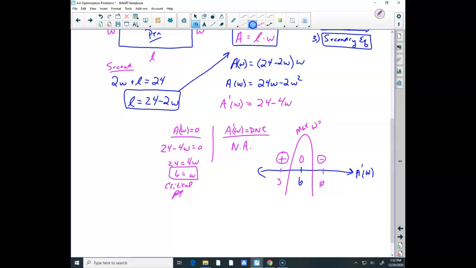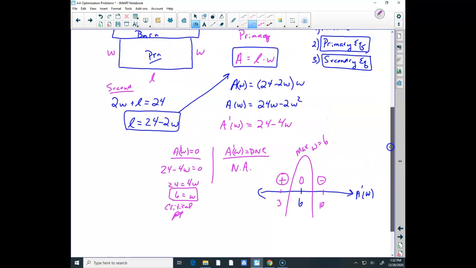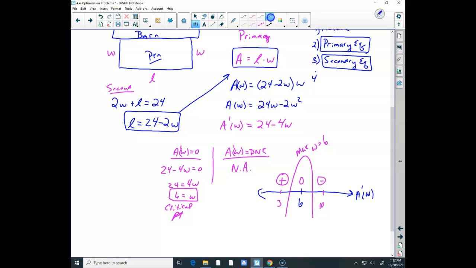When W equals 6. And I also need to make sure that what I'm going to do is answer my question in the end. So if I'm coming back here, I'm going to say rewrite primary with one variable.